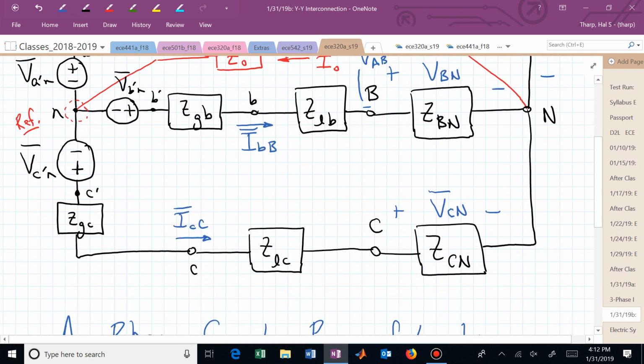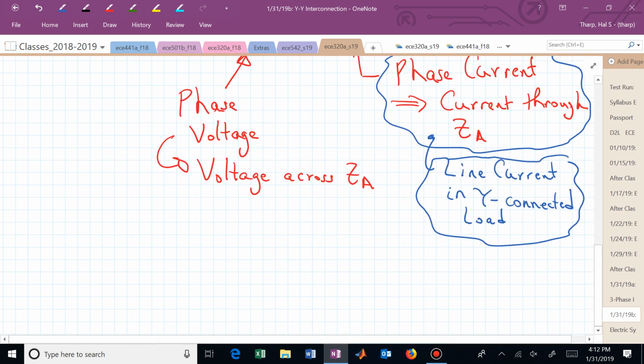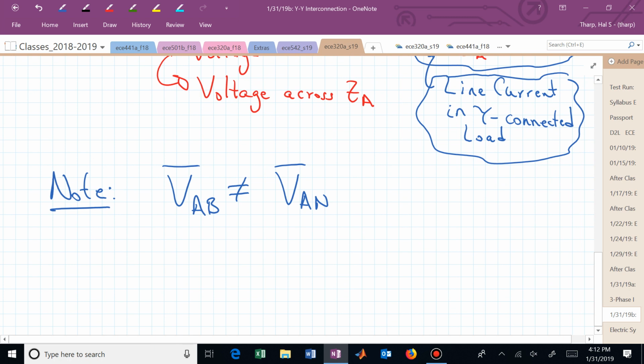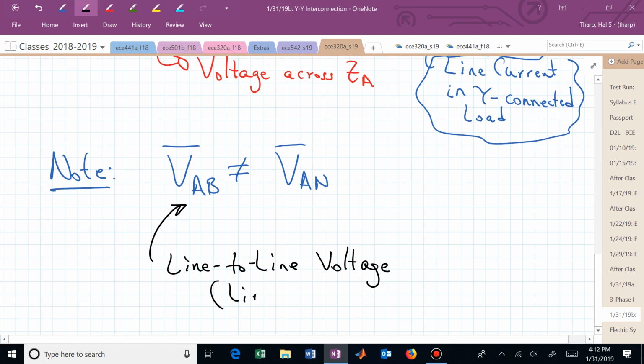And what I think we've clarified in this discussion is the following. Hopefully it's clear that V sub AB is not equal to V sub AN, where V sub AB is in fact the line to line voltage, which most of the time is simply referred to as the line voltage.